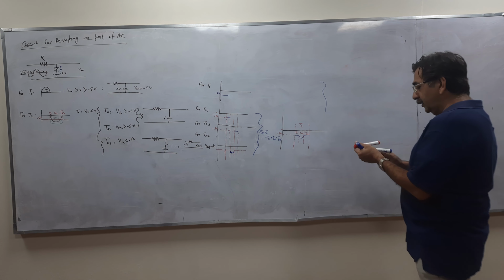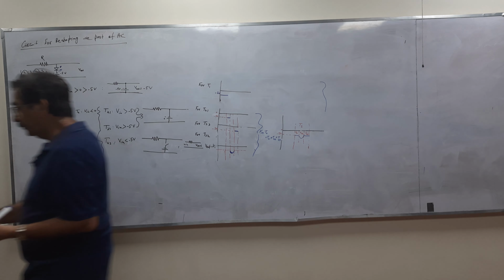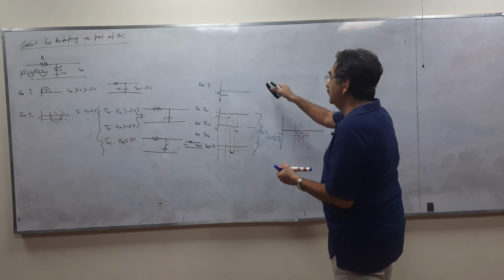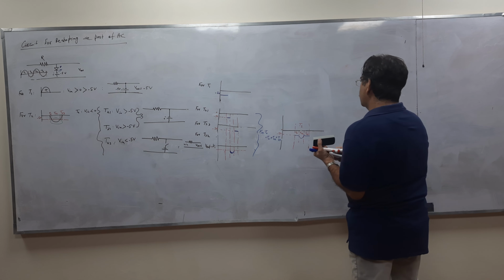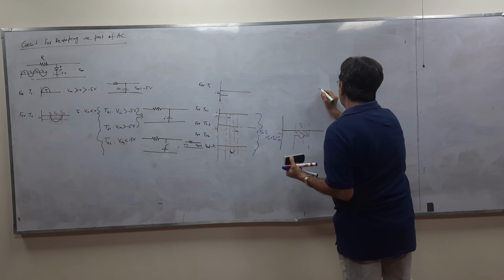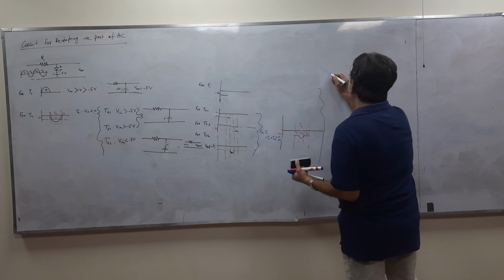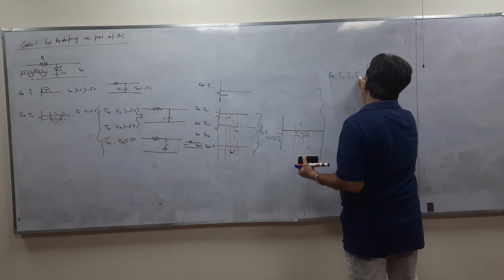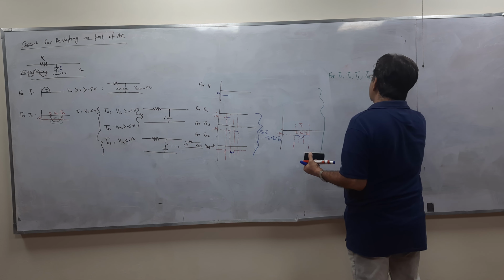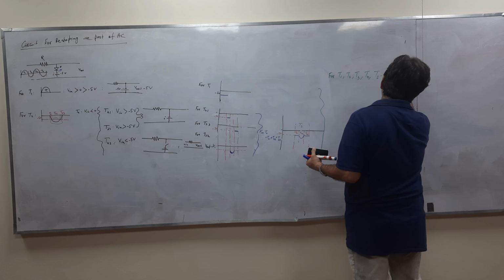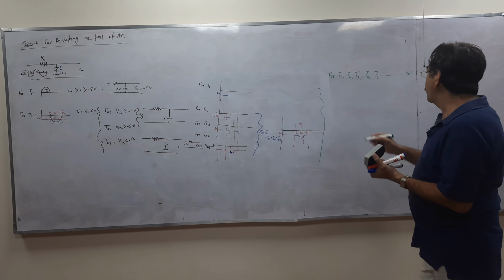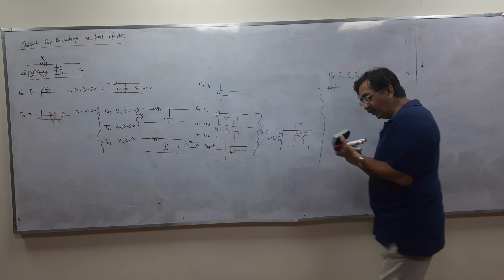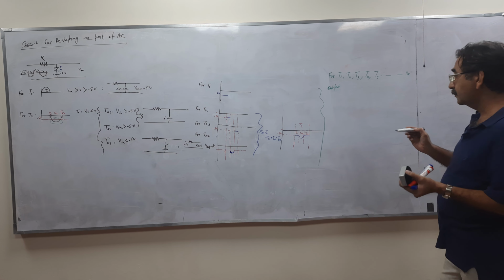So when we combine all these T1 and T2, for T1, T2, T3, T4, T5 and so on, what will be the output?